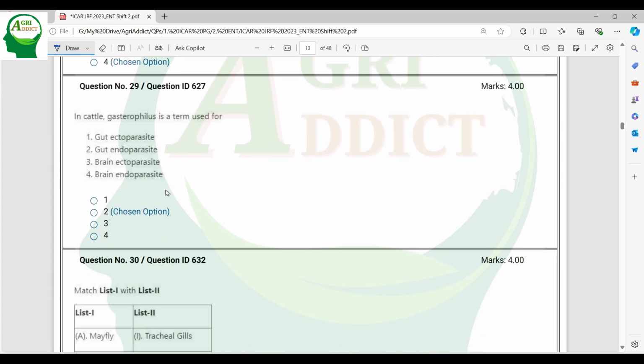Next question in cattle. Gastrophilus, the G should be capital. Gastrophilus is actually the cattle botfly. Okay, this is a parasitic fly. So mainly their larvae or the maggots are found in the gut or intestine or mouth parts of the cattle.